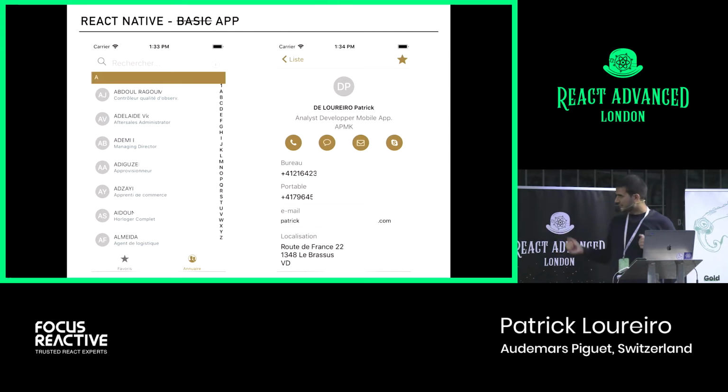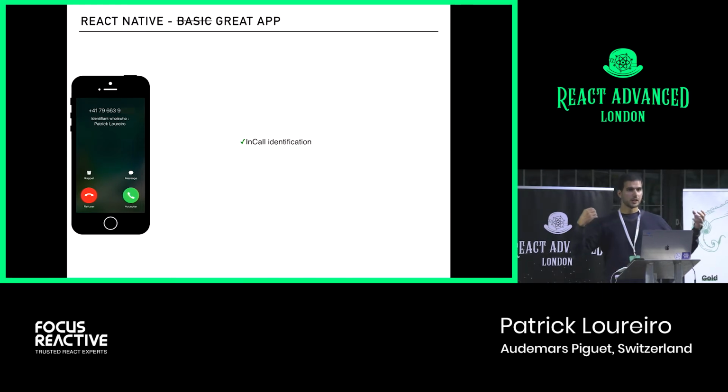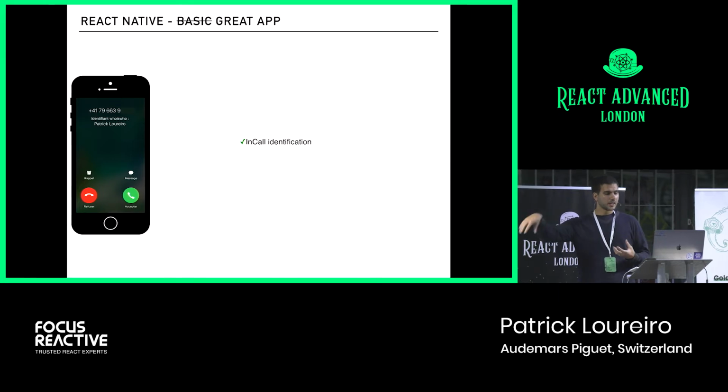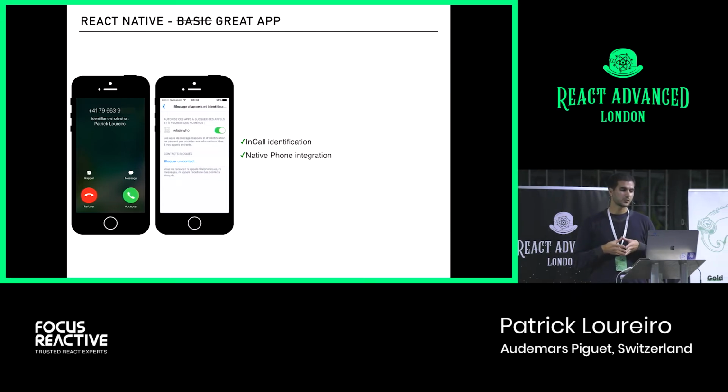So let's take this example again. We can, for example, have an in-call identification. So when you receive a call, it will resolve the name, if you don't have it in your personal contacts, in your app names. So we can achieve this by building, for example, on the iOS platform, through an app extension.